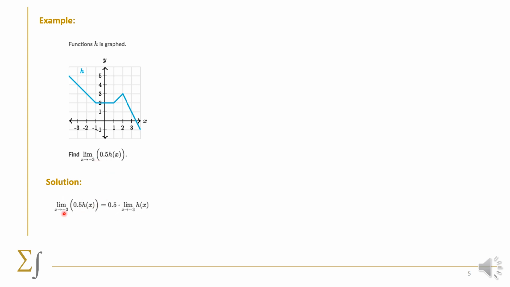So we will have the limit as x goes to minus 3 of 0.5 multiplied by h of x. It is equal to 0.5 multiplied by the limit of h of x as x goes to minus 3, and we find this from the graph in front of us, and we simply multiply it by half. We move on to another example.